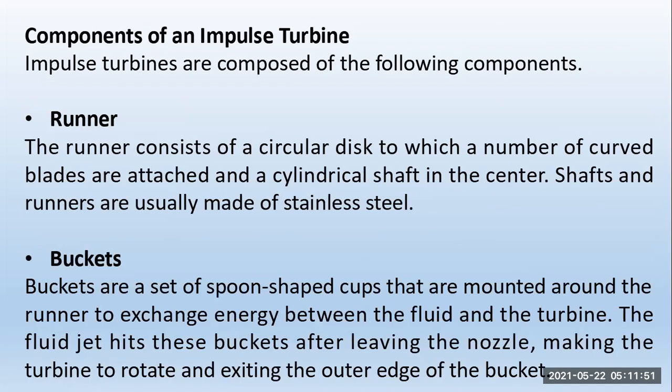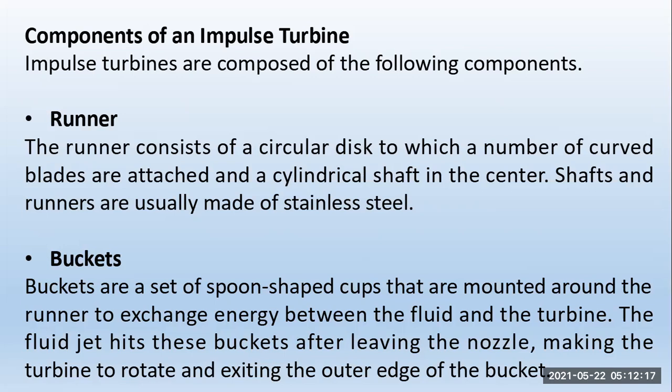Components of an impulse turbine. Impulse turbines are composed of the following components. Runner: the runner consists of a circular disc to which a number of curved plates are attached, and a cylindrical shaft in the center. Shafts or runners are usually made of stainless steel.